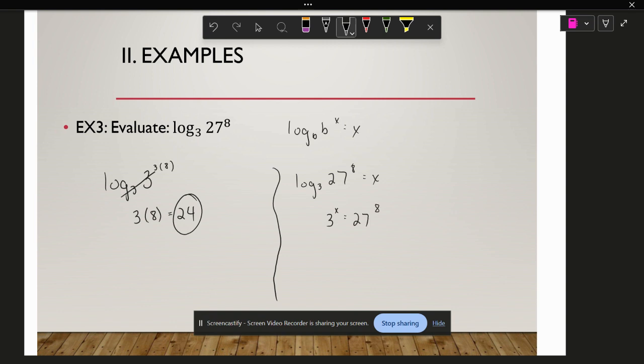And then you could use your same base property, where if you get the same base, then the exponents are equal. So 3 to the x is equal to 3 cubed times 8. So then x would equal 24. Either method works, as long as you can see that the number you're dealing with, like 27, will go into that base.